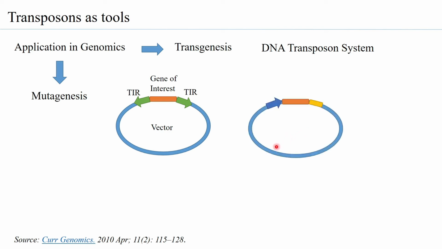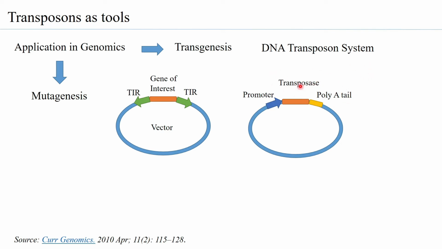So along with the transposon vector, what is always used is a transposase expression vector, which would have a promoter and the transposase gene with a poly A tail. When the polymerase transcribes this, you would have the transposase mRNA being formed and that mRNA being translated to transposase.